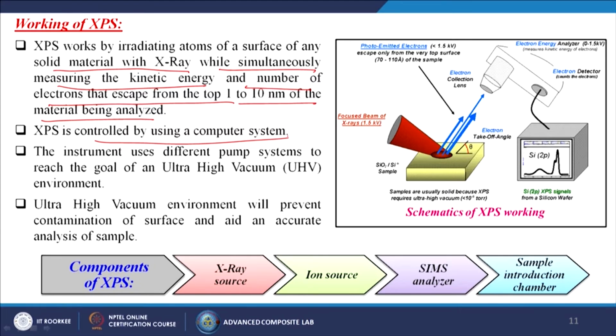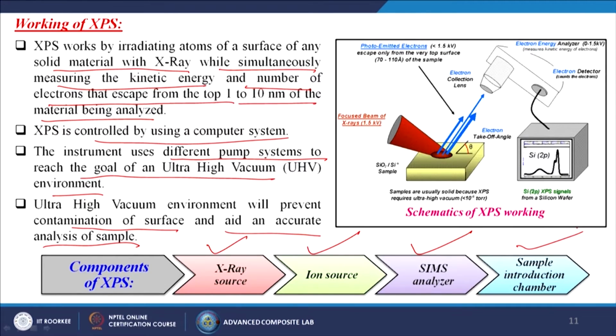The instrument uses different pump systems to reach an ultra high vacuum environment. Ultra high vacuum will prevent contamination of the surface and aid an accurate analysis of the sample itself. So, generally the components of XPS are the X-ray source, ion source, analyzer and the sample introduction chamber.